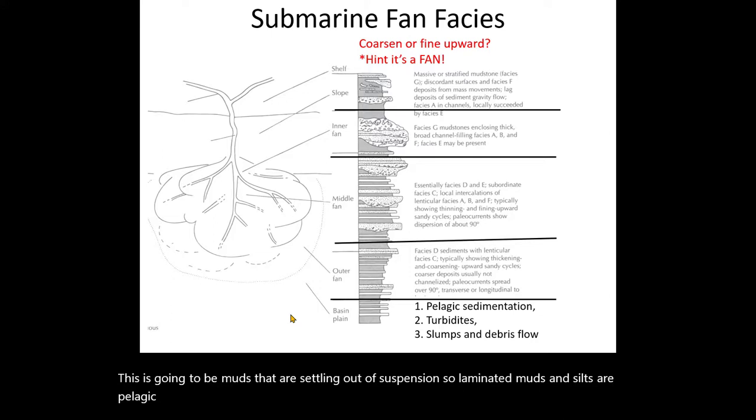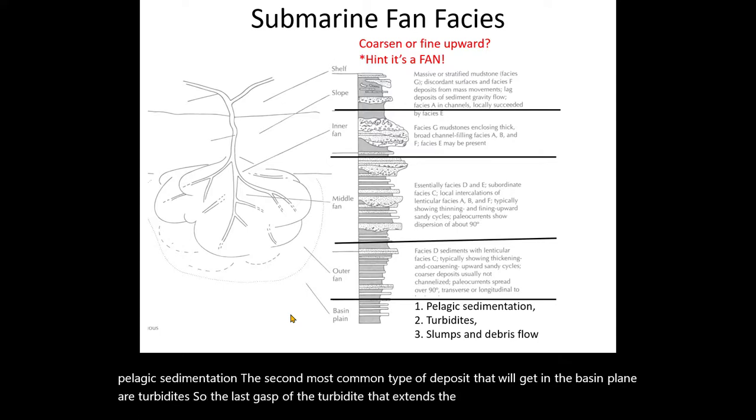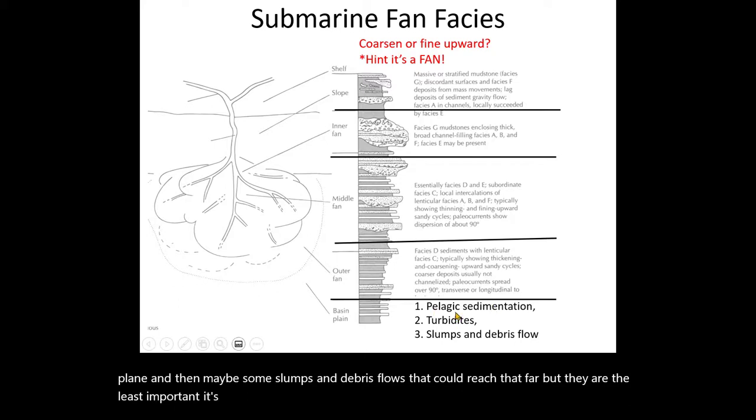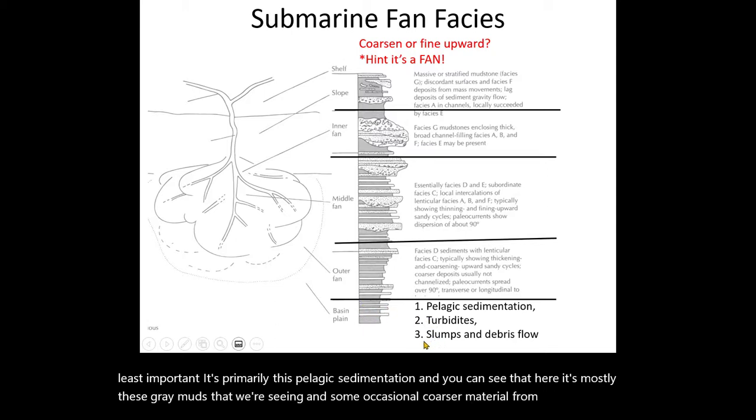The second most common type of deposit that we'll get in the basin plane are turbidites, so the last gasp of the turbidite that extends the furthest out into the basin plane. And then maybe some slumps and debris flows that could reach that far, but they're the least important. It's primarily this pelagic sedimentation. And you can see that here. It's mostly these gray muds that we're seeing, and some occasional coarser material from turbidity currents or slumps and debris flows.